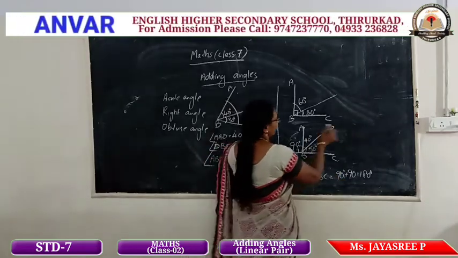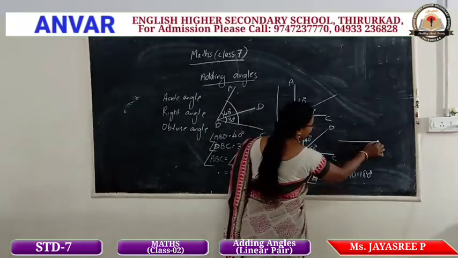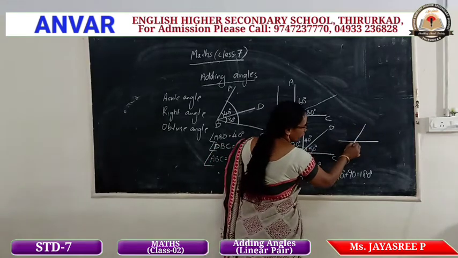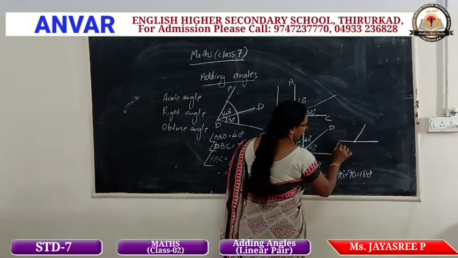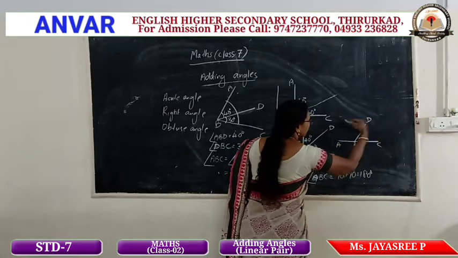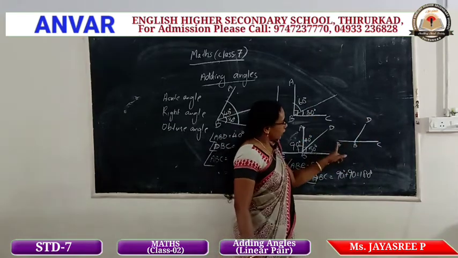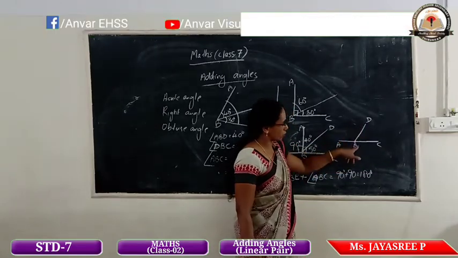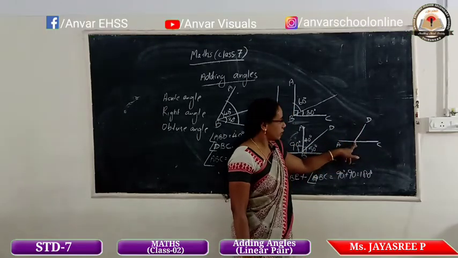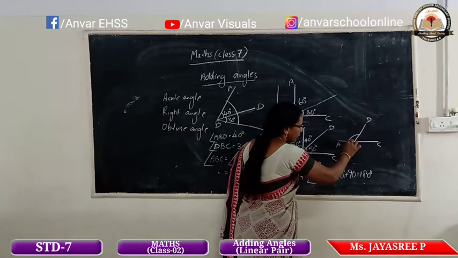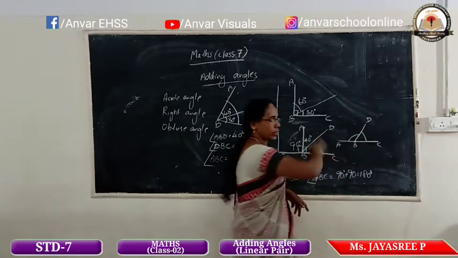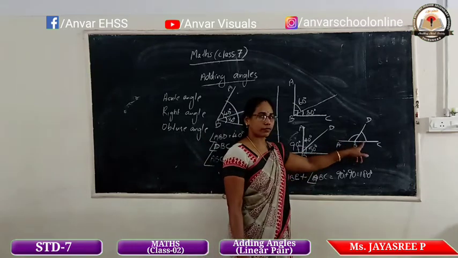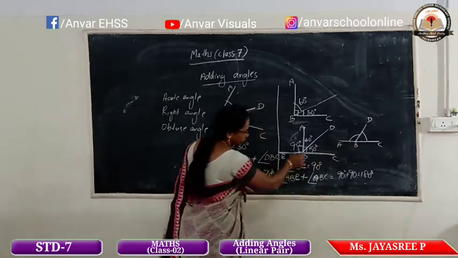So what happens if a line is drawn like this and another line is drawn from this point of this line ABC? AC is a line and another line DB is drawn from the point B. So what is the sum of these two angles? Can you say? Look at here.